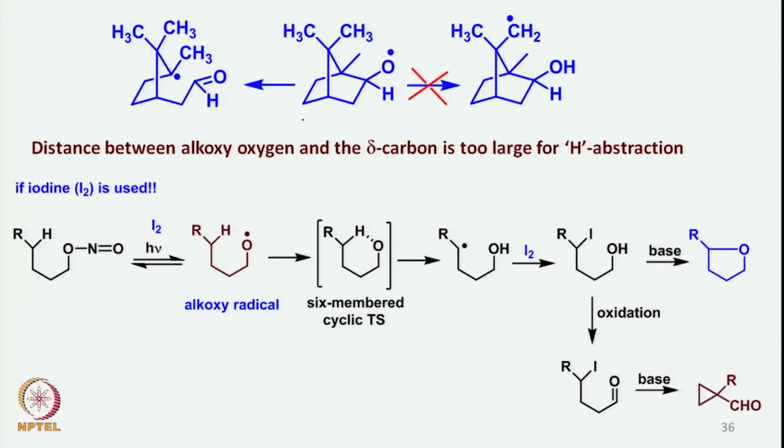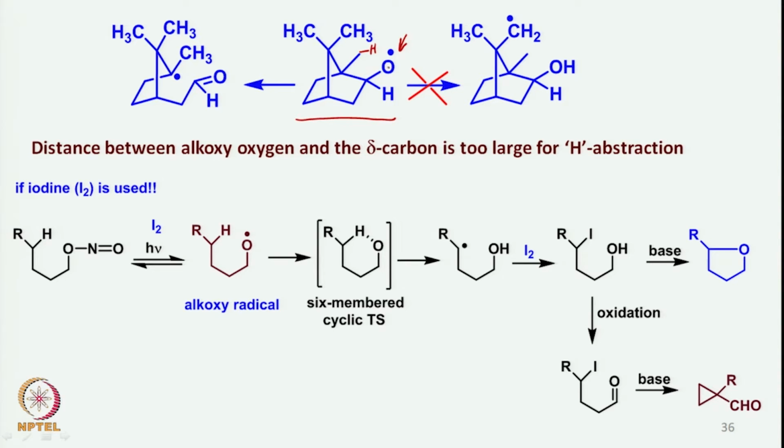For example, if one starts to form the corresponding oxygen radical from the corresponding OH via the ONO type of molecule, then you generate a radical here like this. Now, this radical obviously cannot form the 6 member transition state with this, because you have 1, 2, 3, 4, 5. This is a 5 member transition state and not a 6 member transition state.